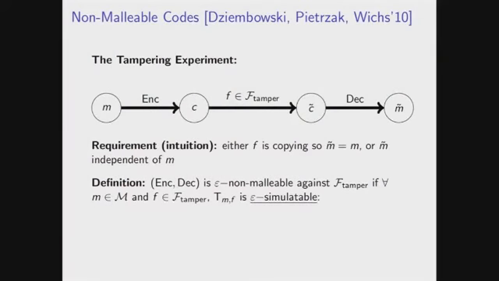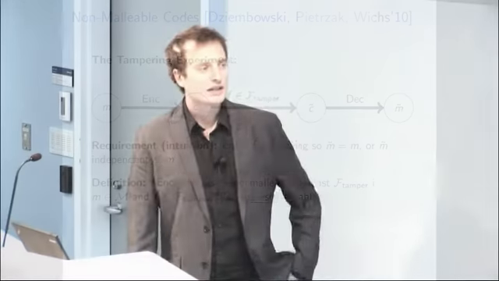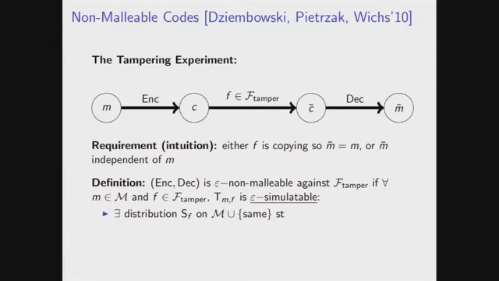Okay, so to formally define this, you say that a code is epsilon non-malleable against a particular tampering family if, for all messages and functions from that family, the tamper distribution, which is that experiment on the top, is simulatable. What do I mean by simulatable? I mean it's simulatable without the knowledge of the message.